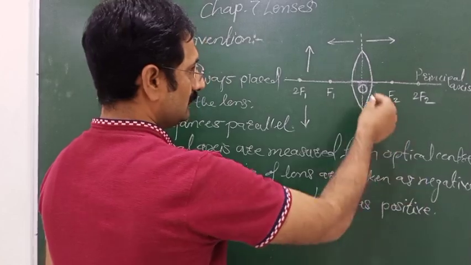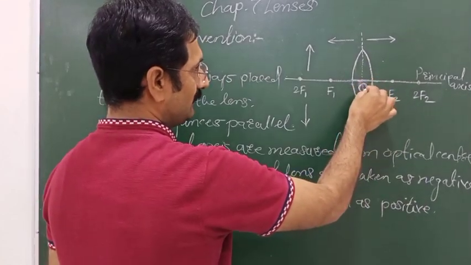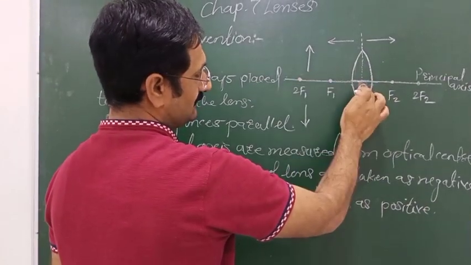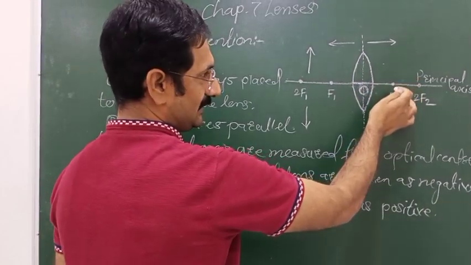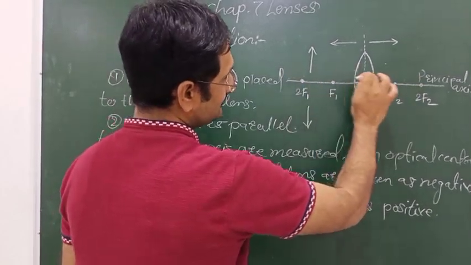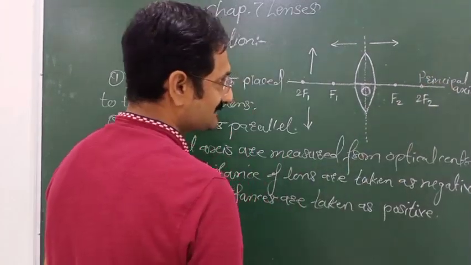So friends, distances to the left of the origin are taken as negative, while distances to the right of the origin are taken as positive. But these distances are parallel to the principal axis.